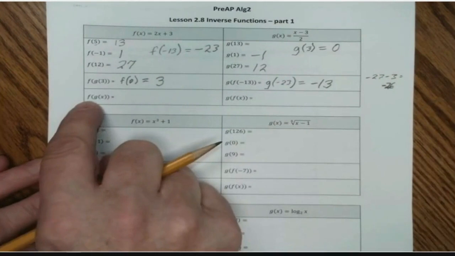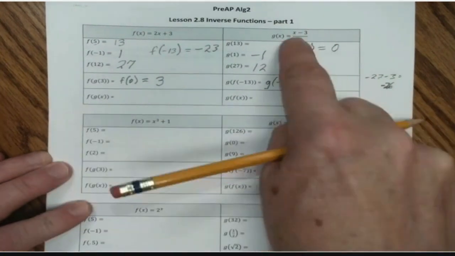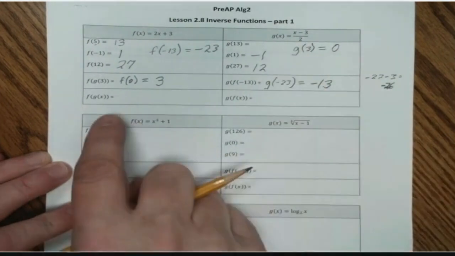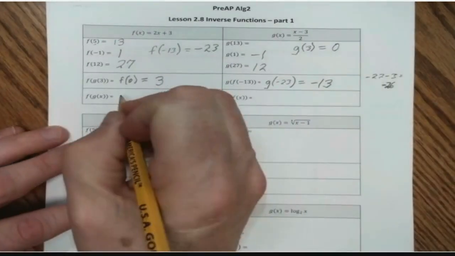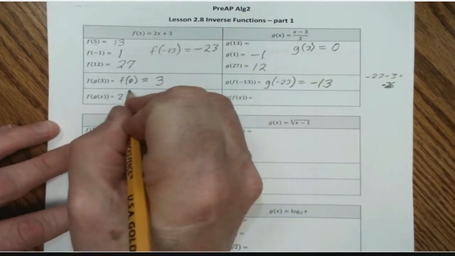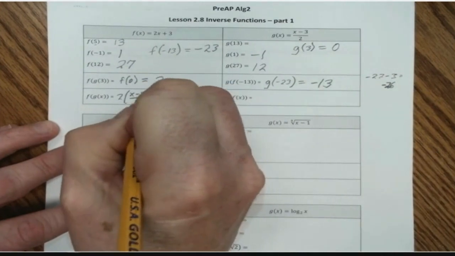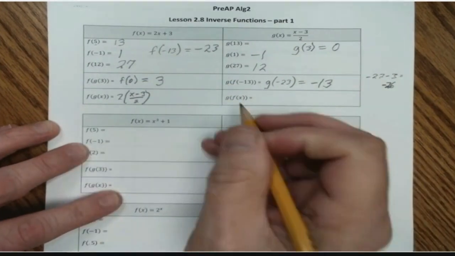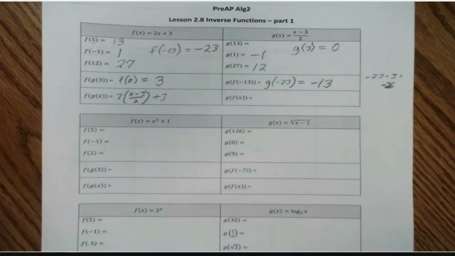Well, let's find out what f of g of x is. Now, we don't have a number, so we're actually taking the whole expression for g of x and substituting it in for x. So that's going to be 2 times the quantity x minus 3 divided by 2, plus 3. Now we have to simplify that.